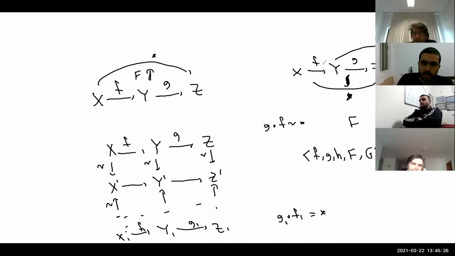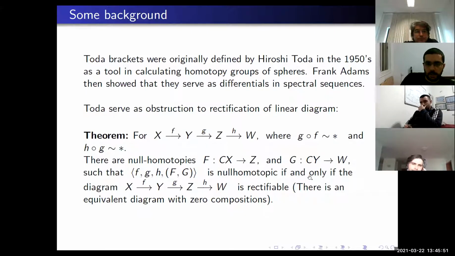We can find a representative for this diagram, a homotopy representative of the homotopy class of this diagram, where this composition is exactly zero and this one is exactly zero. Yes, this is the theorem. It is if and only if. The important point here is that if we have a null homotopic Toda bracket, then it's rectifiable.